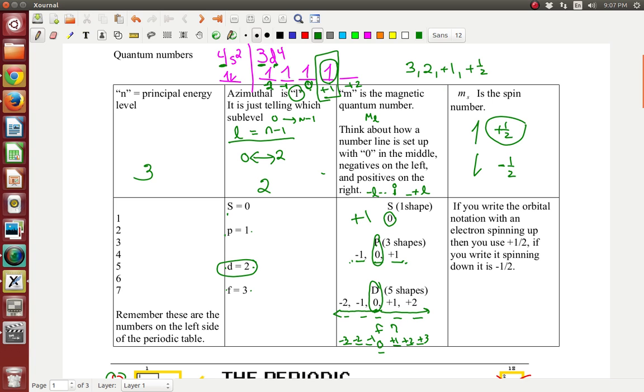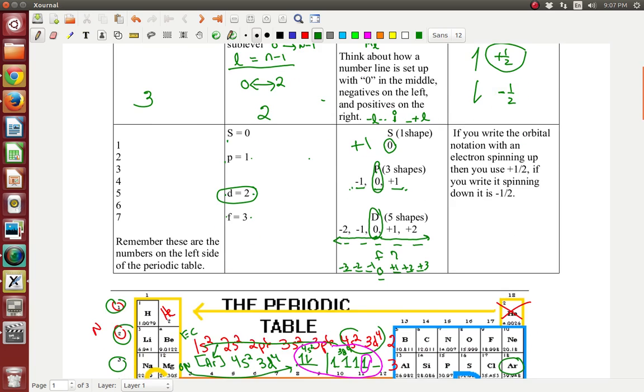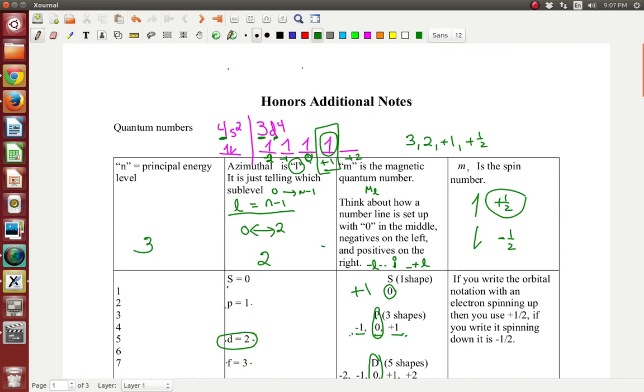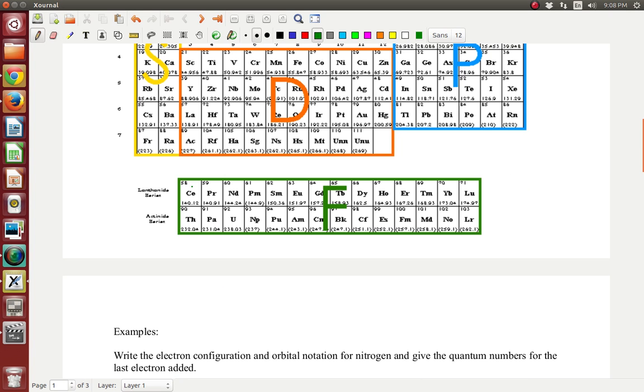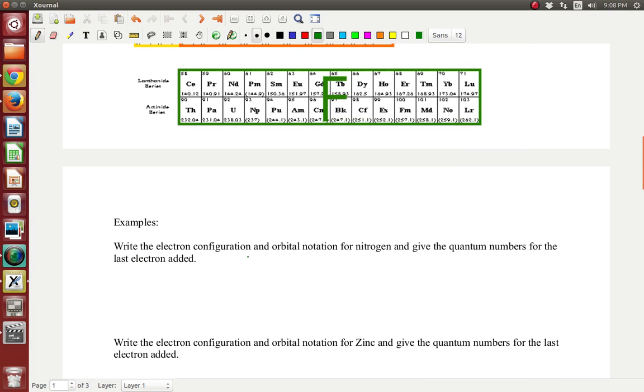All right, now let's do a couple of examples. And I'll erase this up here so I can write on it all. Okay, so let's do a couple down here. Write the electron configuration and orbital notation for nitrogen and give the quantum numbers for the last electron added.